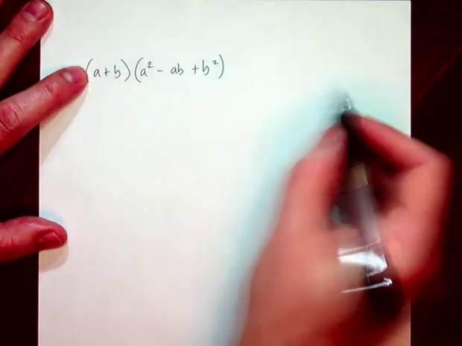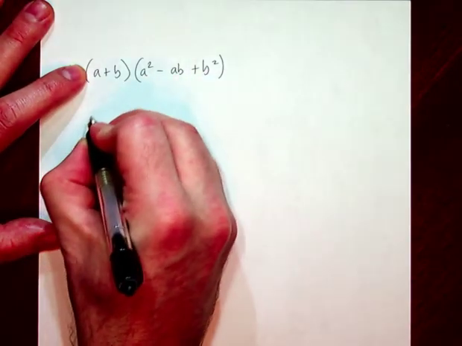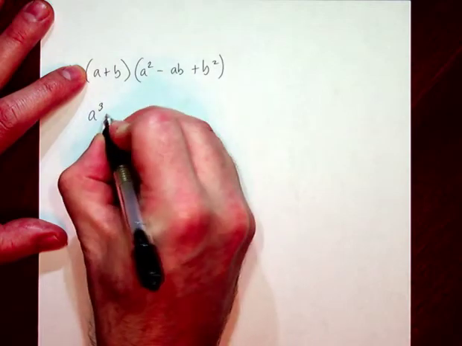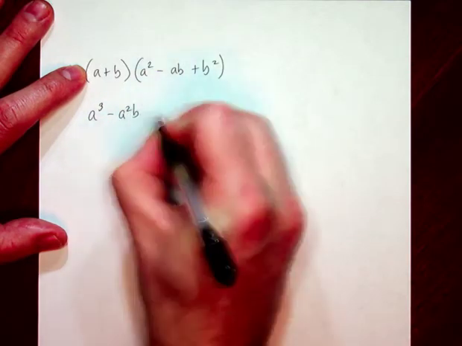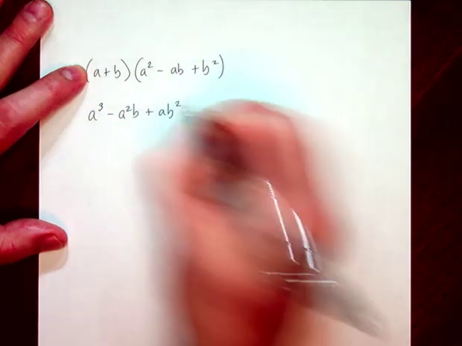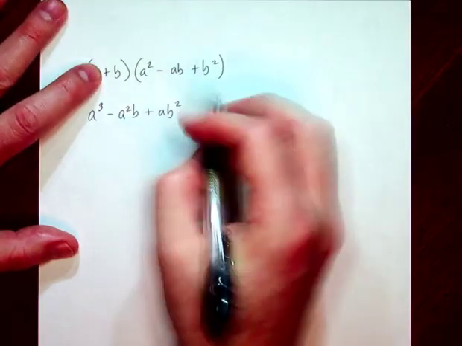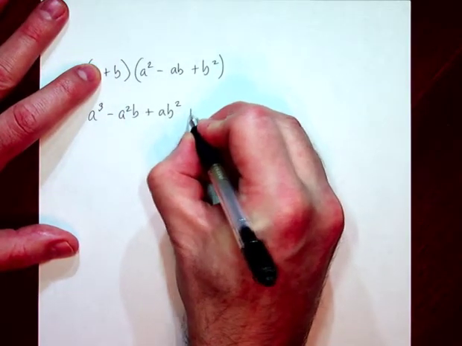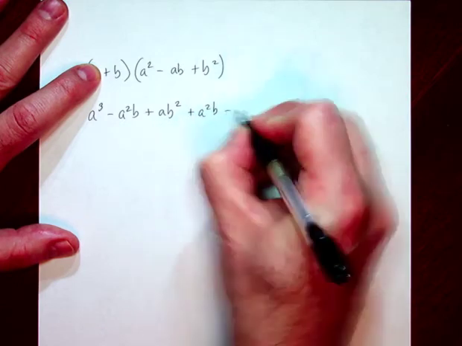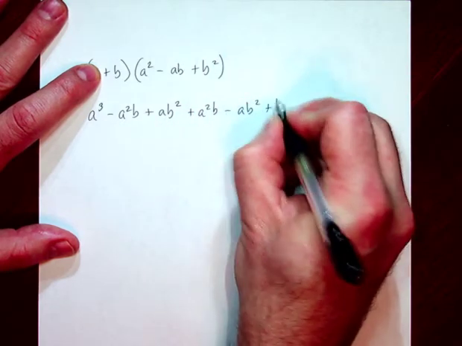So let's take a and multiply it by every term in here, and we're going to get a cubed minus a squared b plus ab squared. And then when I multiply b by all of these, and that's positive b, I get plus a squared b minus ab squared plus b cubed.